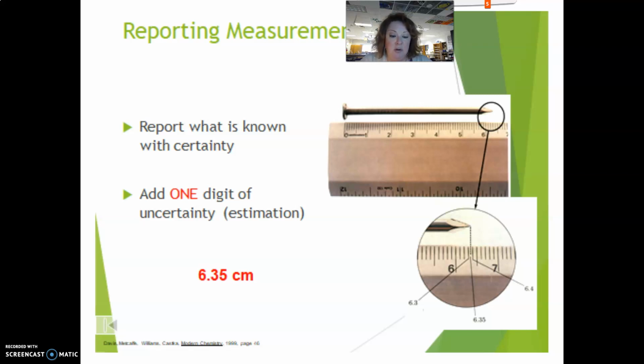Definitely 6 we're sure of, definitely 3, but I know it's in between 3 and 4, are we sure that that is 5? No. We can guesstimate it, but we're not absolutely sure. So this is the one that we're going to do as an estimation. So 6 and 3 we're absolutely sure about, and then the next one will be our estimated. So that's how we get 6.35.